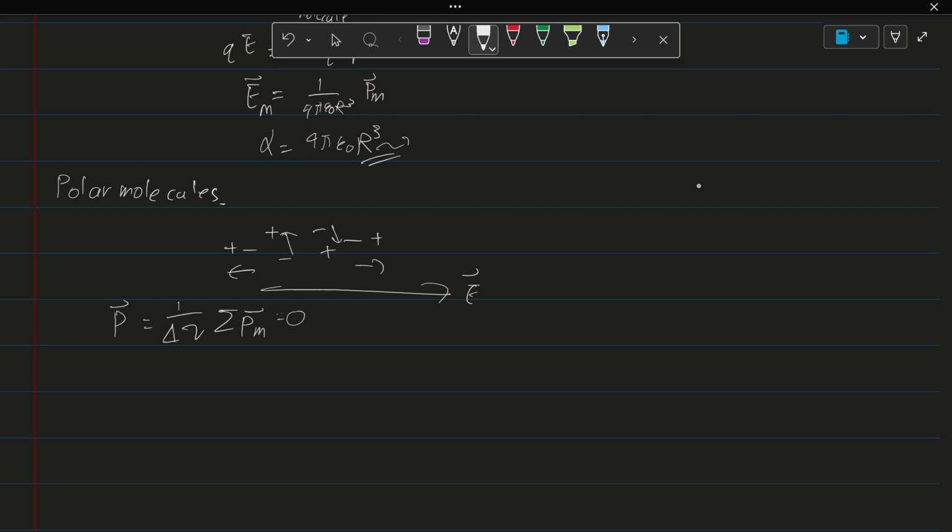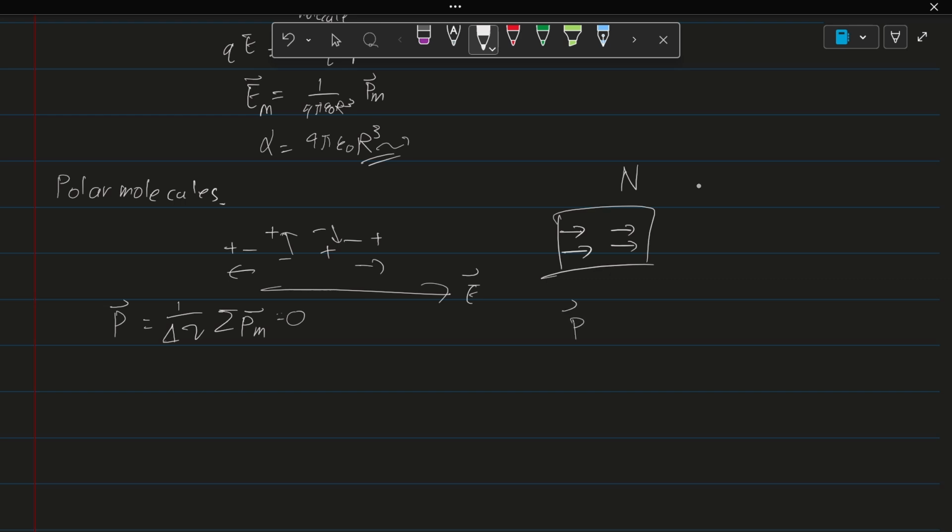It's just adjusting. And if you think about this, there should be a saturation point. The saturation point is when all of the polar dipole moments face in one direction, right? So we can try to count this for a certain volume, which we'll call n, the small volume here.